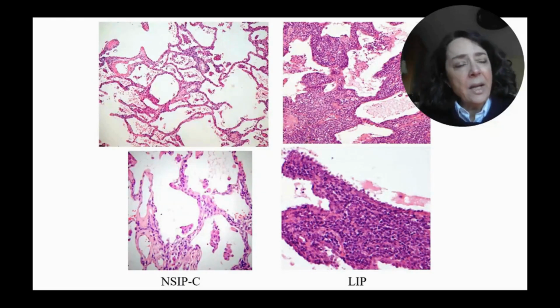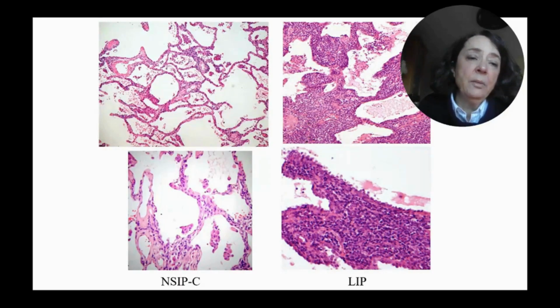And normally LIP is associated with connective tissue disorders, for instance, Sjogren, autoimmune disease, immunodeficiency. So normally they are all associated with a very specific clinical picture, while cellular NSIP can be associated with a lot of things, but not always connective tissue disorders.